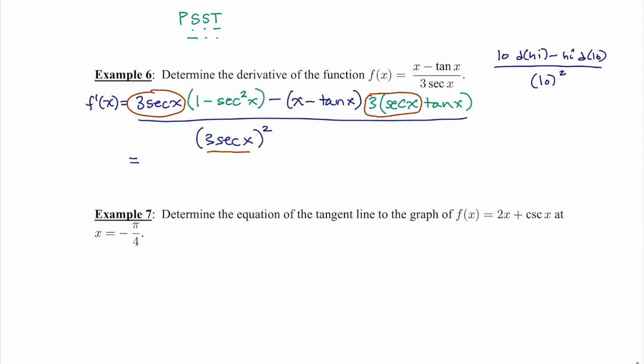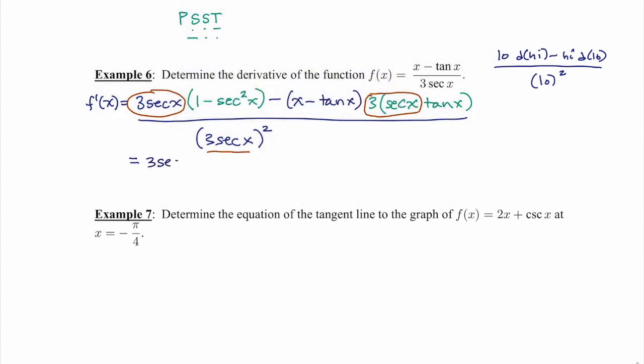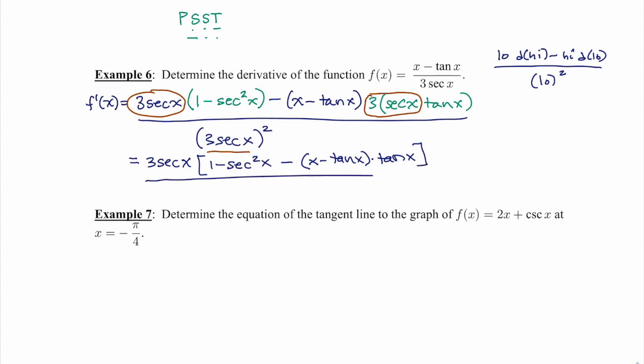So it's fine to factor that out of the numerator. And then I would have 1 minus secant of x squared minus x minus tangent of x times tangent of x over 3 secant of x times 3 secant of x. And then I can reduce these two.